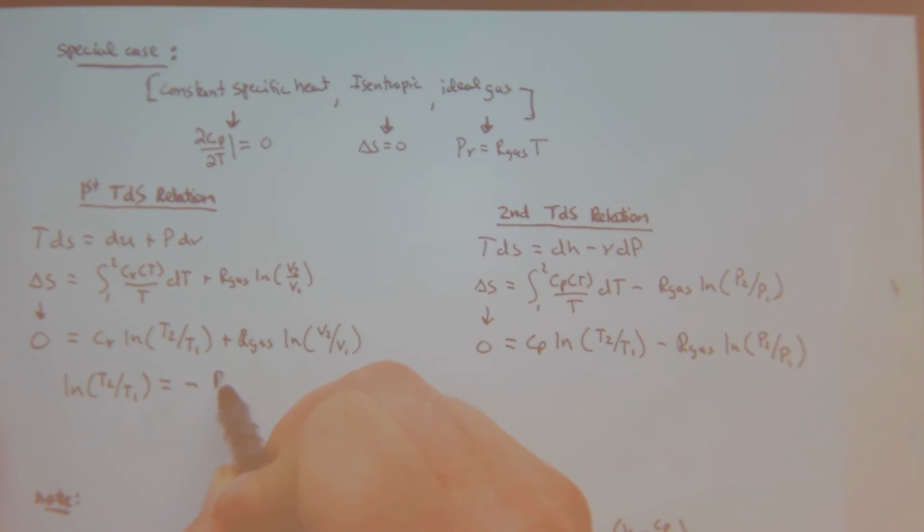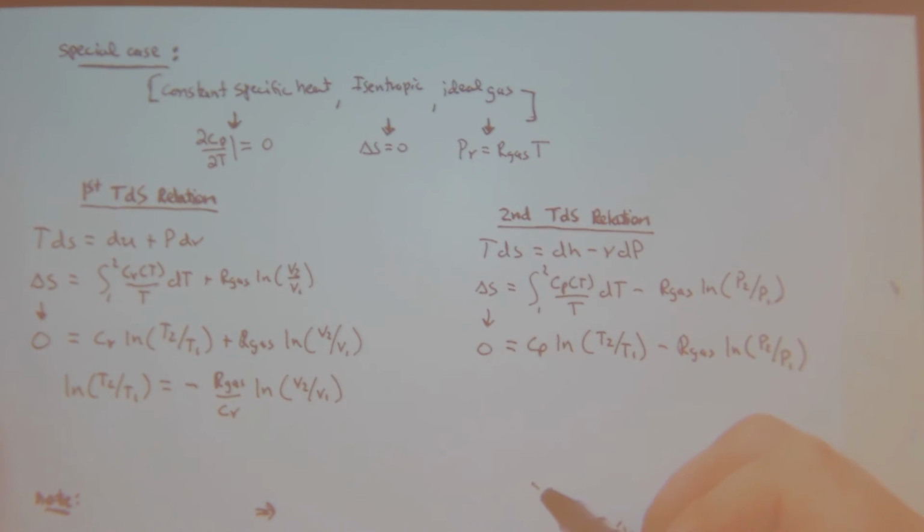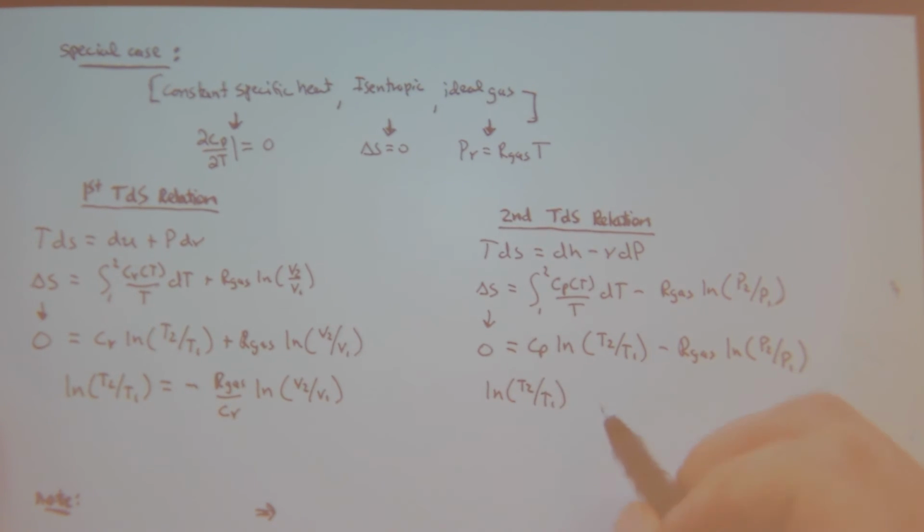So I have minus R gas over Cv natural log V2 over V1. Likewise, I can take this to the side, multiply by -1. So I have natural log T2 over T1 equals R gas over Cp natural log P2 over P1.